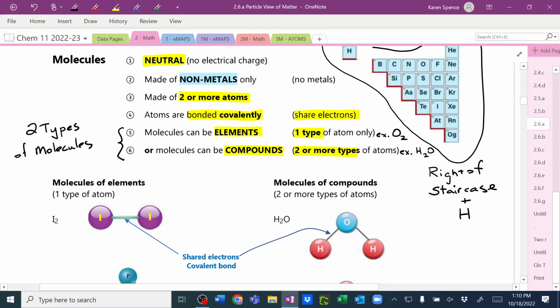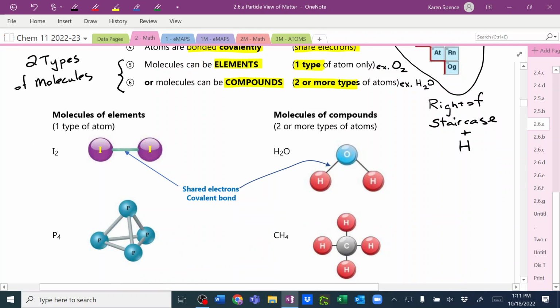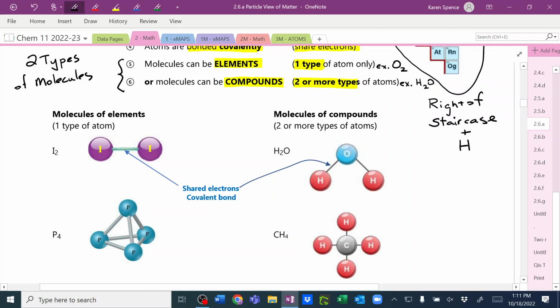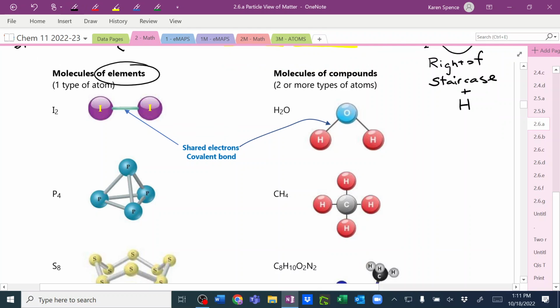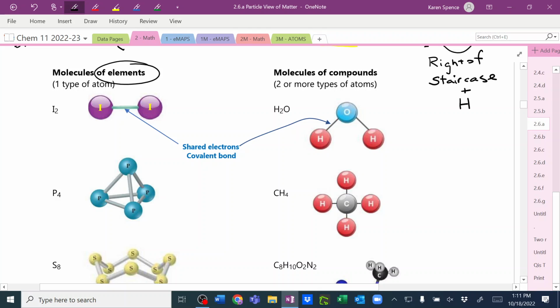So let's take a look at these two types of molecules. We have molecules of elements. It's a molecule, so it has two atoms, and they are bonded together by a covalent bond.